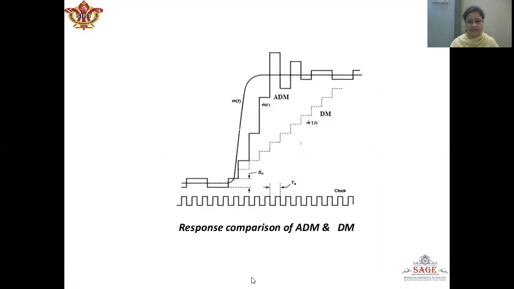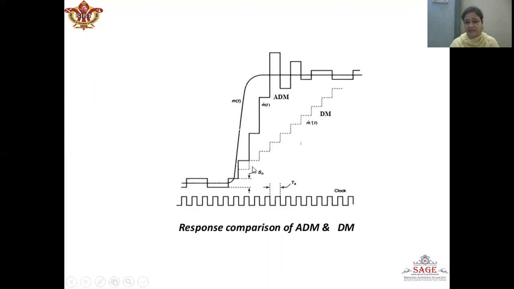So here we can see the comparison between adaptive delta modulation and delta modulation. Now here we have a message signal. In this region, we can see that there is a steep slope of the message signal. That means the message signal shows a rise in the amplitude. So in case of delta modulation, what happens?